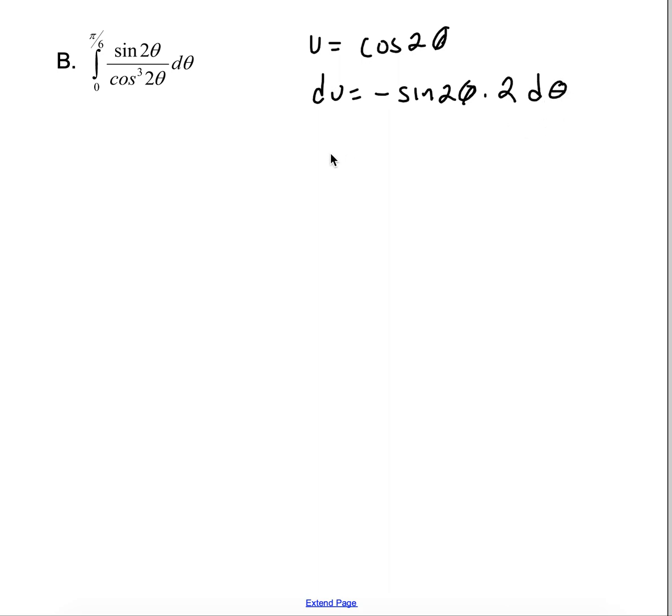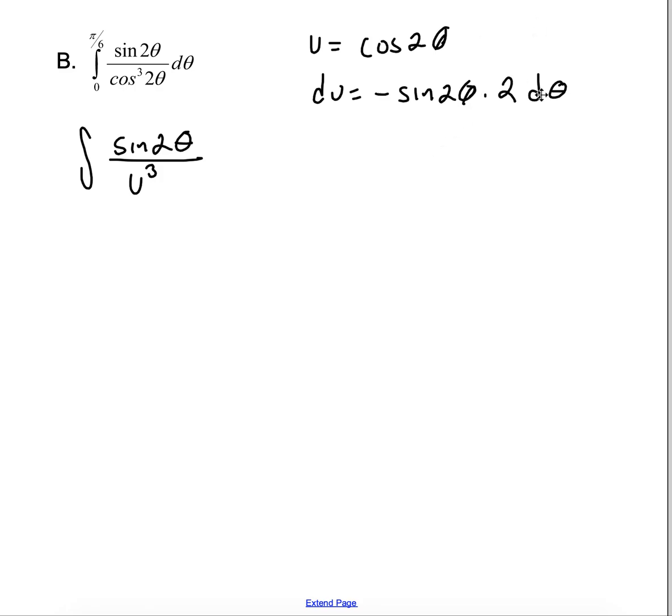So I substitute. Cosine 2 theta is my u, so this should be u to the third power.